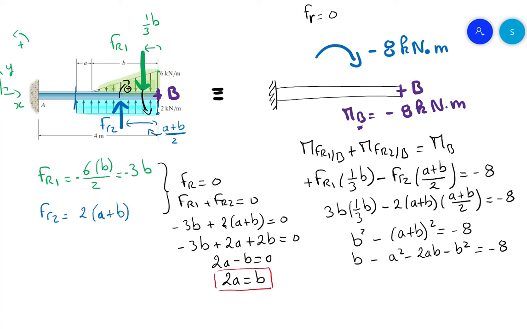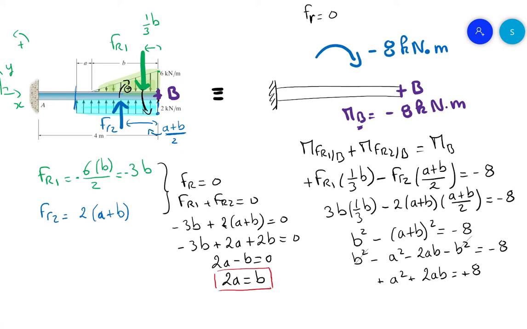Oh, I forgot the square there. Sorry, B square. So B square minus B square cancels. So we ended up having minus A square minus 2AB is equal to -8. Okay, we can put plus, plus, plus.